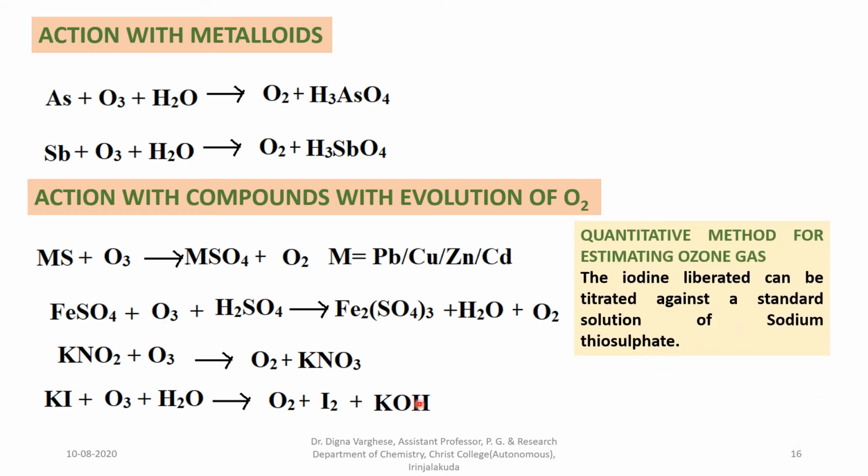This is a method used for the quantitative estimation of ozone gas. The iodine liberated here can be titrated against a standard solution of sodium thiosulfate. We can estimate the amount of ozone gas by this method. So it is used as a quantitative method for estimating ozone.